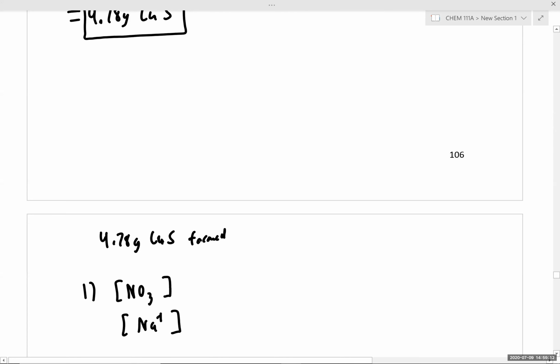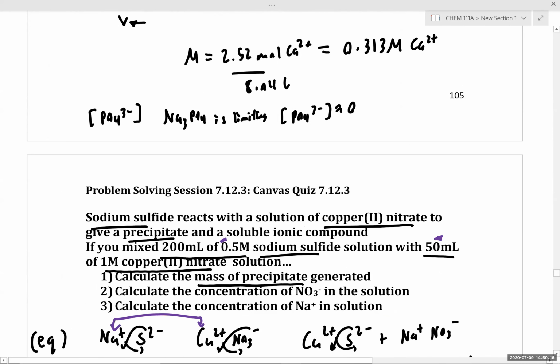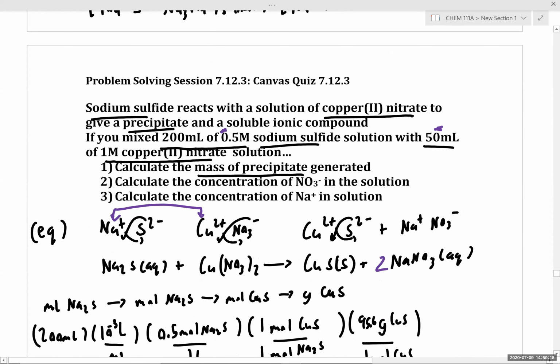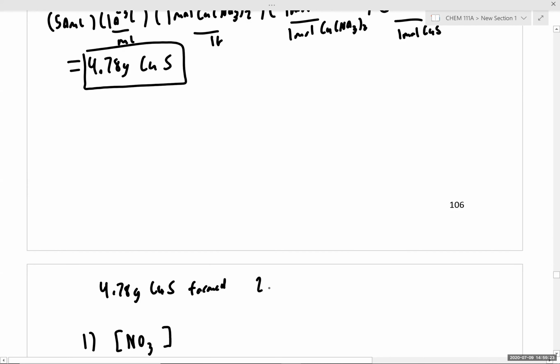Keeping in mind that we have combined, reading from our problem, 200 milliliters of 0.5 molar sodium sulfide and 50 milliliters of 1 molar copper nitrate.